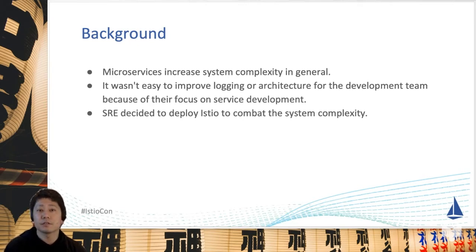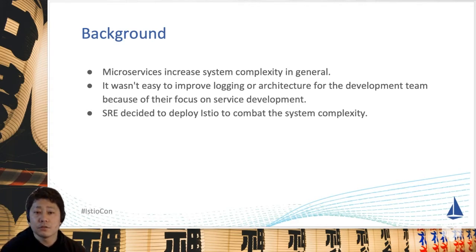First, I'd like to explain our background. We run microservices, and it is generally said that microservices increase the complexity of the system. Without system observability, it will be challenging to grasp the overall picture of where and what is happening and how it is connected.